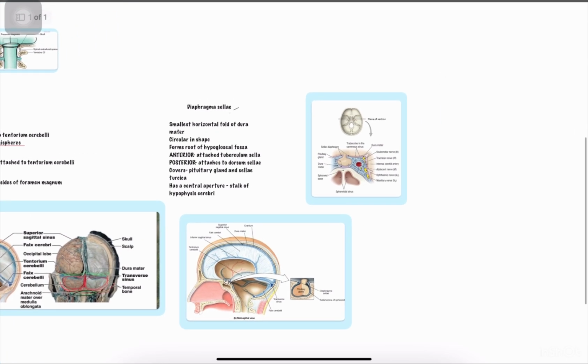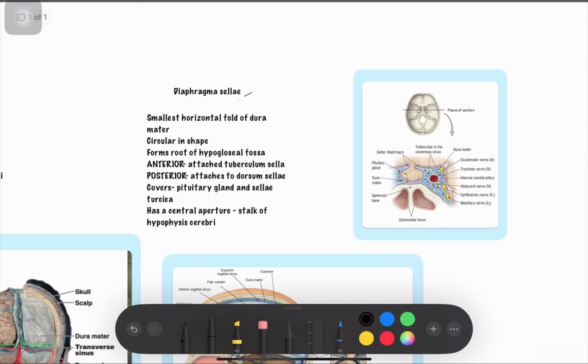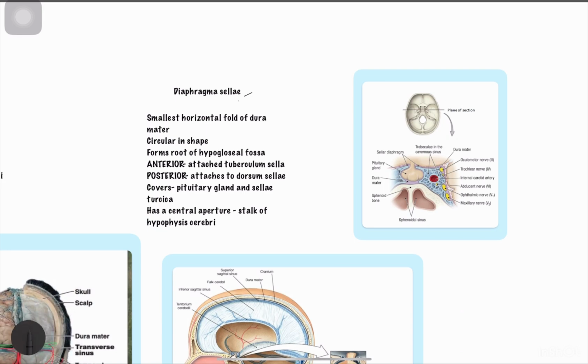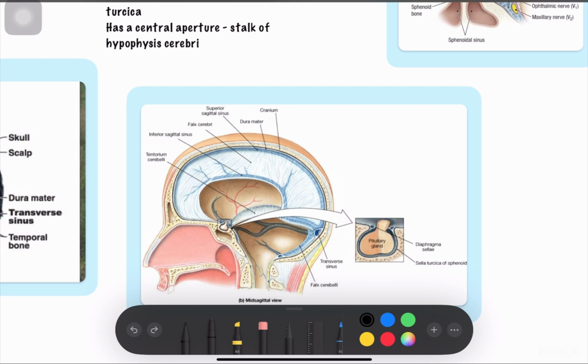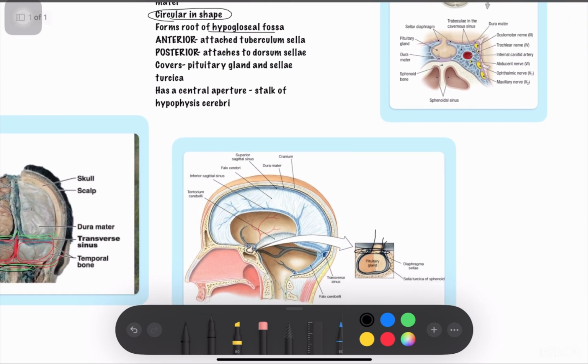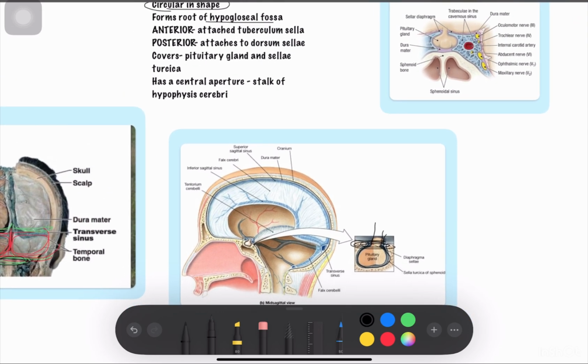So now, talking about diaphragma sellae, the last dural fold. This is the smallest horizontal fold of the dura mater. It is circular in shape. This is the diaphragma sellae, which is the smallest circular inward folding of the dura mater, and it has a central aperture for the stalk of the hypophysis, the pituitary gland.